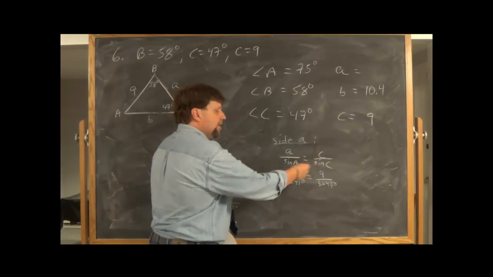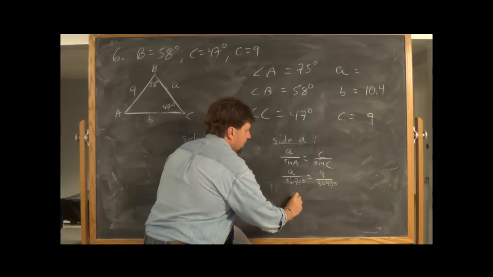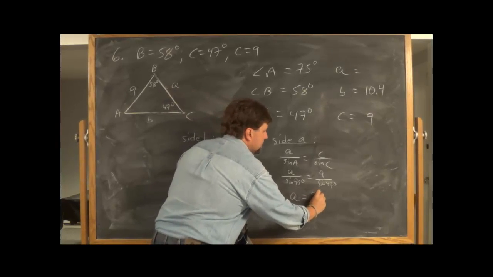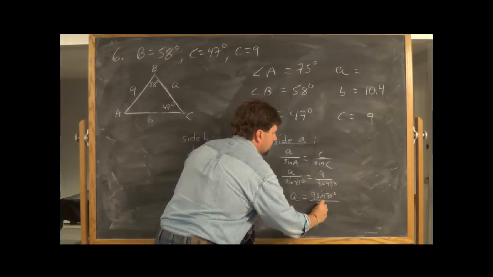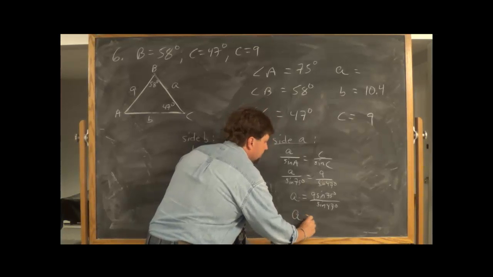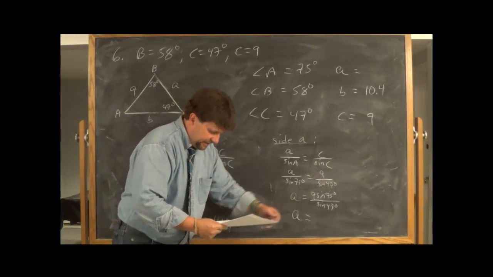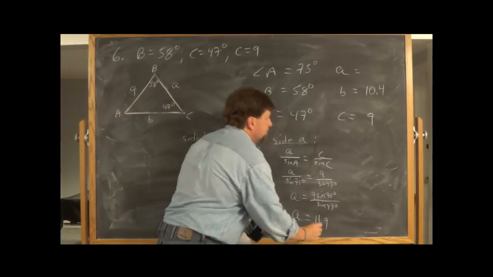Then I multiply both sides by the sine of 75 degrees to get A equals 9 times the sine of 75 degrees over the sine of 47 degrees. I use my calculator to finish this off, and I get A is about 11.9.